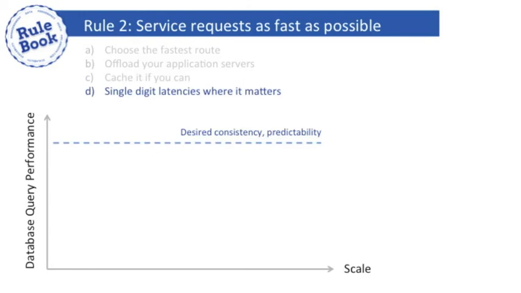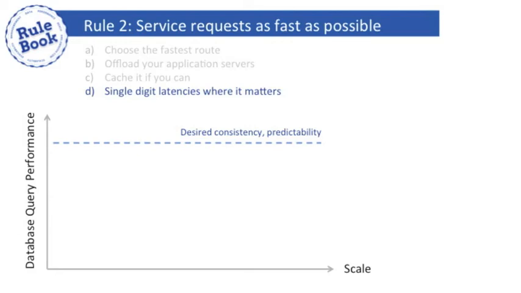Rule 2D is around the performance of databases and the latency that we may get from requests that we can't cache. So shown here is a chart where I have database query performance versus scale. And with a relational database, or any database, our desired consistency and predictability on performance is the straight line I've shown there.